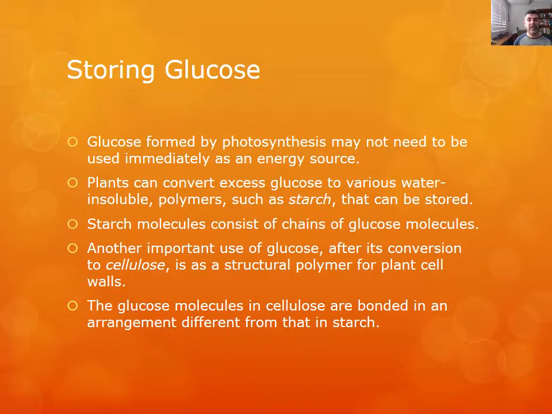So just finally then, the storing of the glucose is necessary because not all of it is immediately required by the plant, so it needs to be able to store it, and there are various ways it can do that. Simple polymers like starch, and more complex ones like cellulose, are also storage forms, and each of these is a way of storing these high energy compounds in a form that can be utilized by the organisms at some later stage.